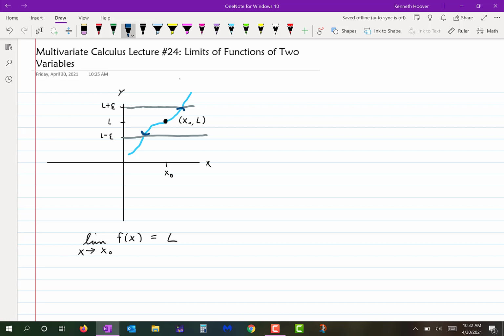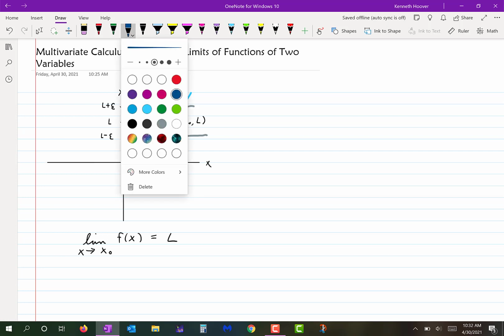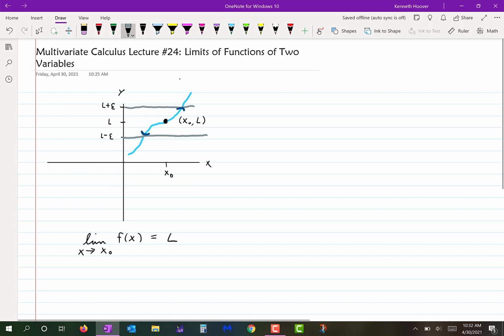And then we figure that out. And then we call this guy down here x naught minus delta, and this guy x naught plus delta.